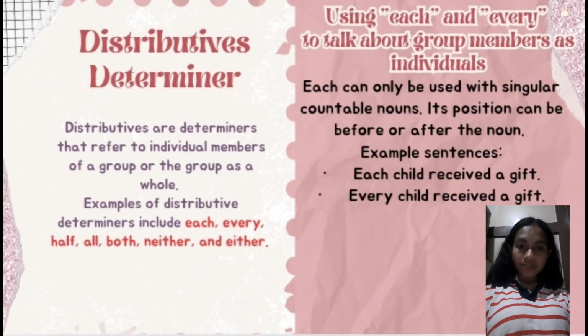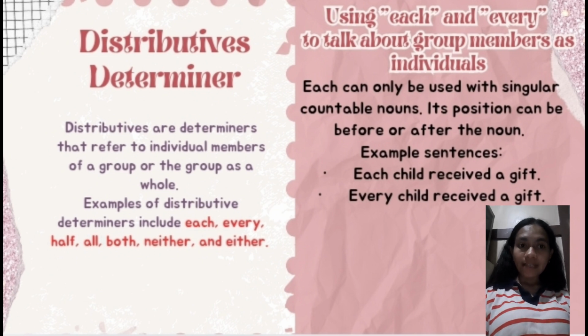Distributive determiners. Distributives are determiners that refer to individual members of a group or the group as a whole. Examples of distributive determiners include each, every, half, all, both, either, and neither.